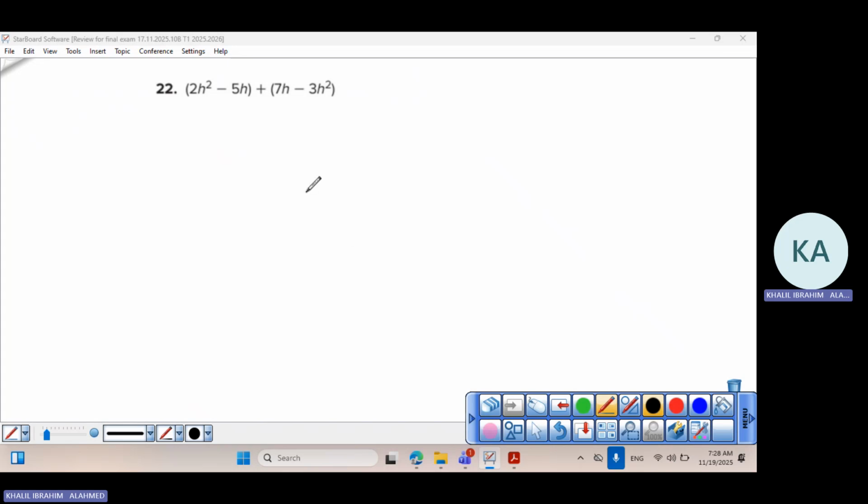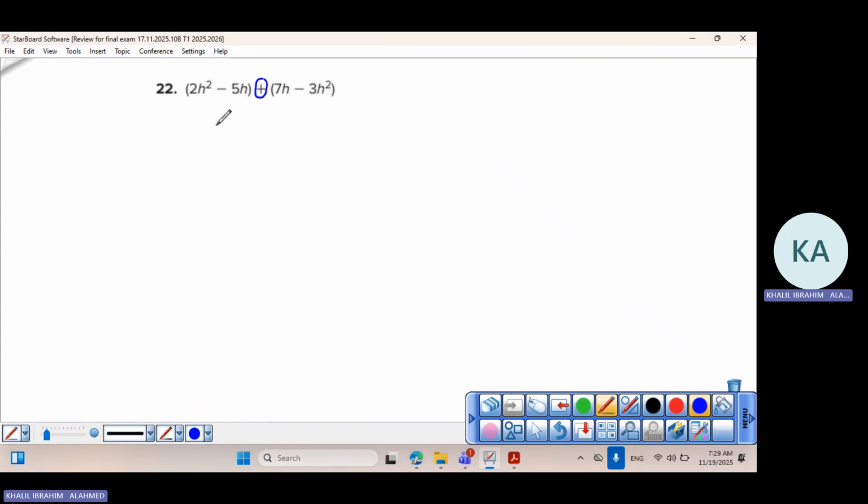Okay, the question here: how to add two expressions, as you see here. 2h square minus 5h plus 7h minus 3h square. How to solve this? It's easy. We have a plus here, so don't change anything.